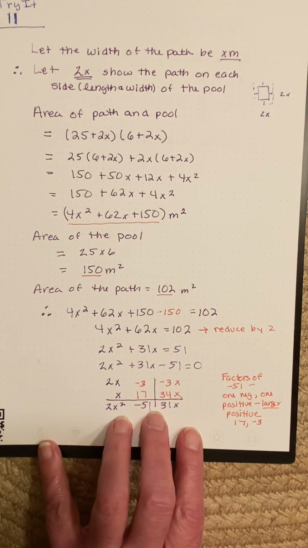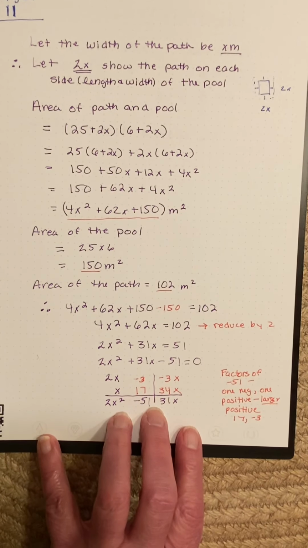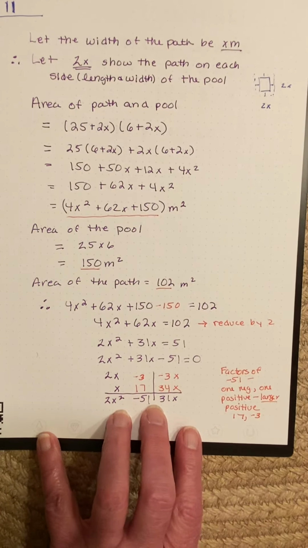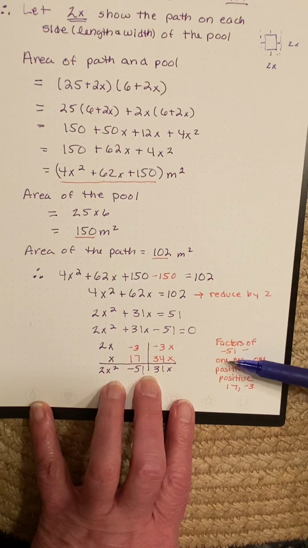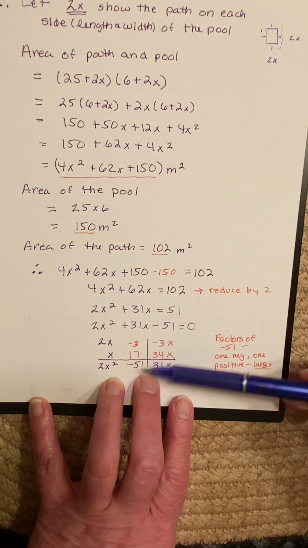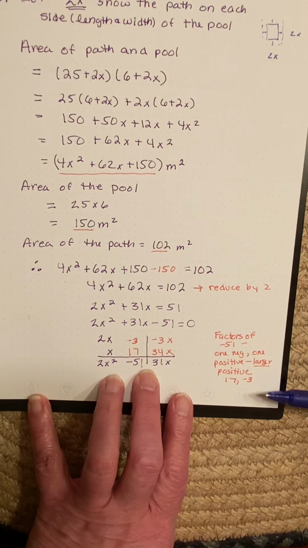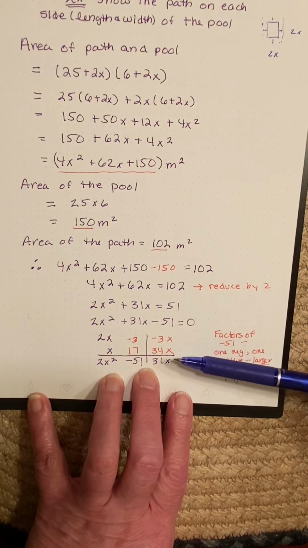I set up my cross factorization chart. Here I'm going to think factors of negative 51 are going to be 1 negative and 1 positive to get that negative 51. And the positive is going to need to be higher because I have a positive 31X. Trial and error using my calculator, I come up with 17 and negative 3.